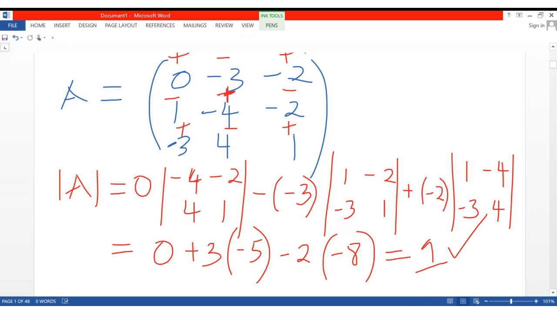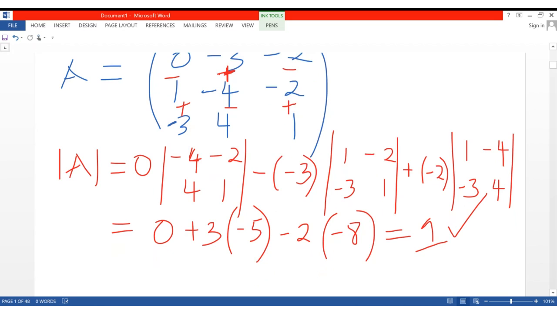Our determinant is 1. So now, for the matrix that we have, we need to calculate the matrix of cofactors. The cofactors we shall find for each and every element of the matrix. And then we get the matrix of cofactors. So I'll repeat my matrix here. We have gotten the determinant.